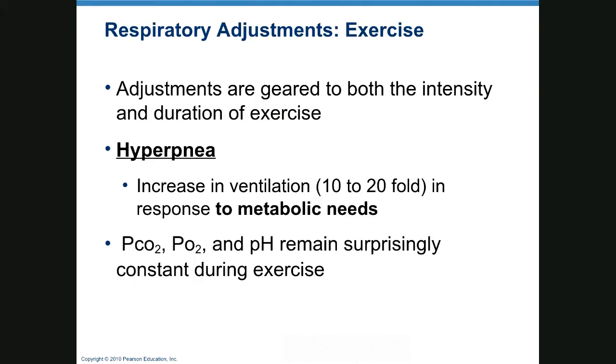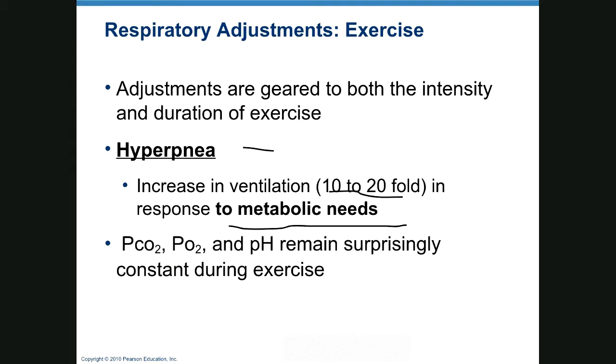Okay, during exercise, you're going to increase the ventilation. We call that hyperpnea. Increase maybe 10 to 20 fold. I call it gasping for breath, but if you're in good shape, we just call it breathing harder and faster. This is responding to metabolic needs.